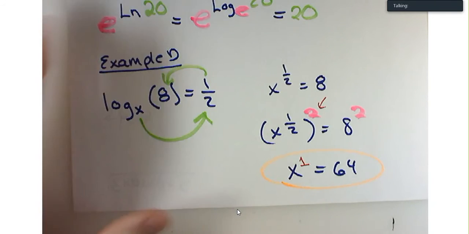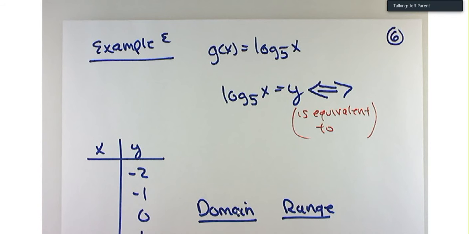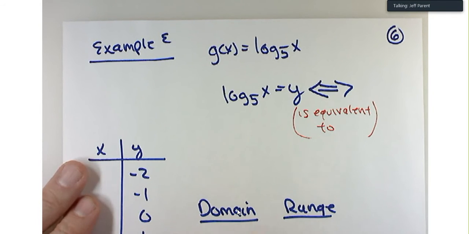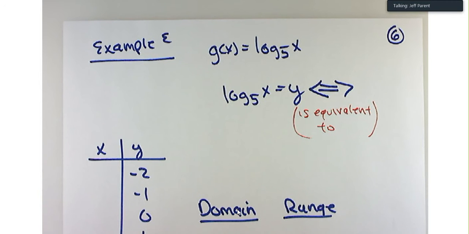Okay. Let's finish it up with a couple more regarding logarithms. One question that is likely to appear on a future exam would be to graph this and show me the points that you use.